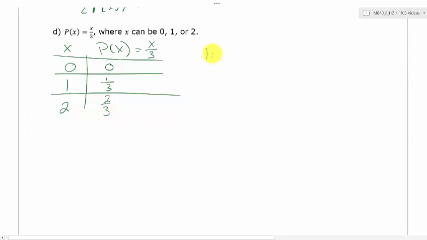Now let's check our conditions. So the first one, are the random variables numbers? And they are. The second one is the sum of all the probabilities equal to 1? And we have 0 plus 1/3 plus 2/3.